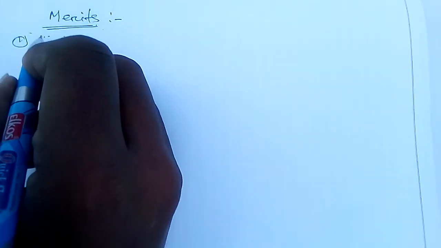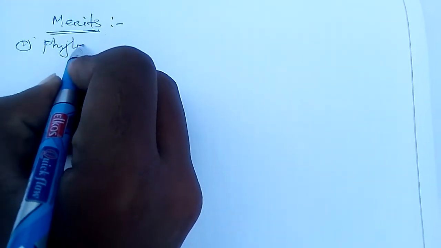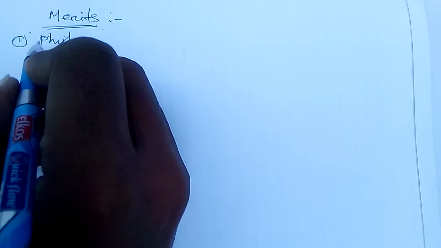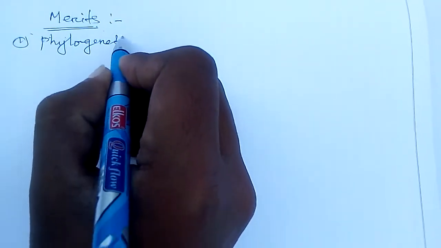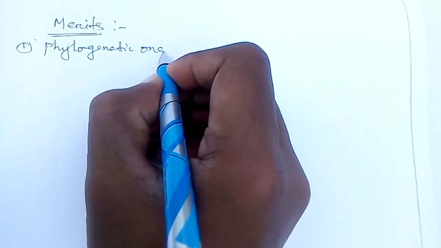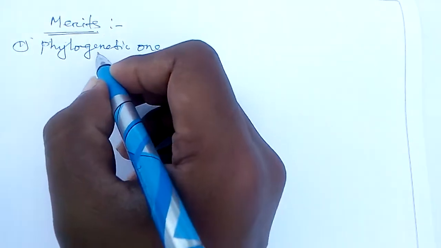So what are the merits of 5 kingdom classification? The first merit is it is a phylogenetic one. I am writing in shortcut, you write in complete sentences. What is the meaning of phylogenetic?